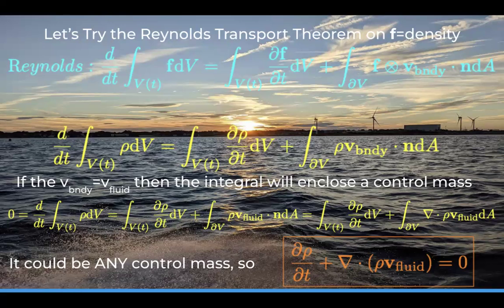Okay. Is this an easy equation to work with? Yes, like children. There's one really tricky part, which is that density is a property of the fluid, and so is the fluid velocity, and then they're multiplied together.